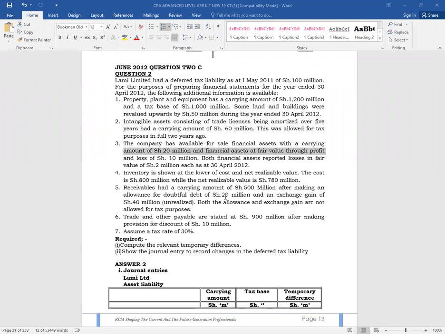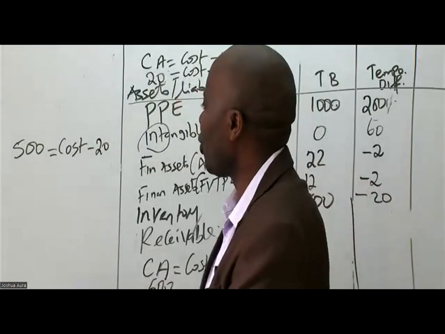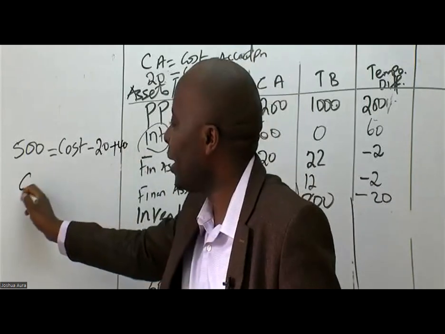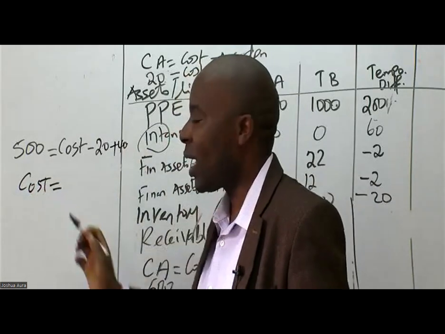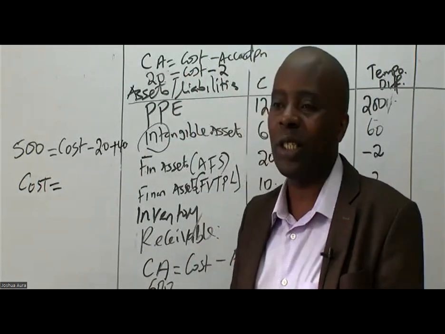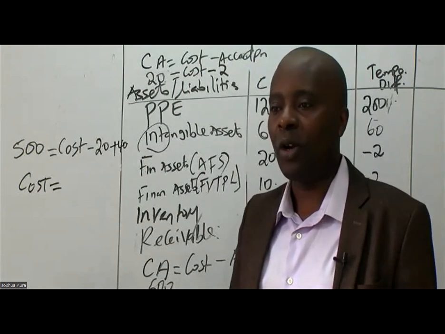Then, still on the same line, we have a gain of 40. Of course, a gain will improve on our initial amount, so the gain should be plus 40. Can a good student make cost the subject of the formula and give me the cost amount?